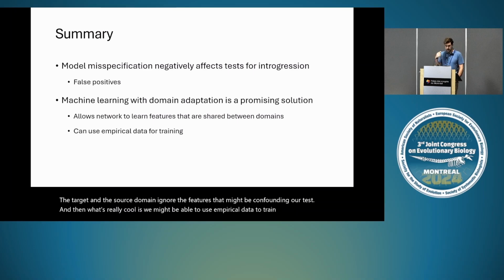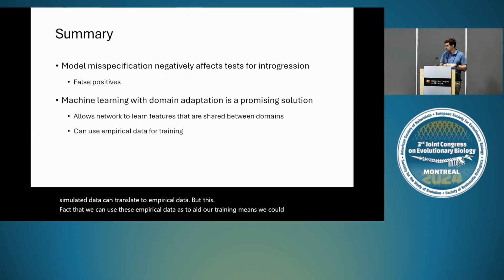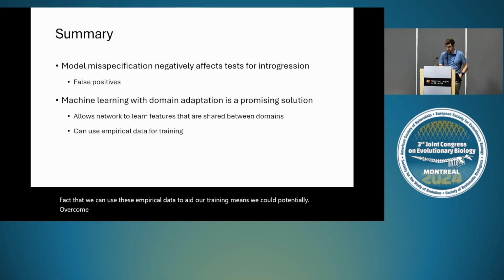We're exploring that right now to see if the really remarkable results that we're seeing with the simulated data can translate to empirical data. But the fact that we can use empirical data to aid our training means we could potentially overcome almost any type of model misspecification as long as there are features shared between our source and target domains.